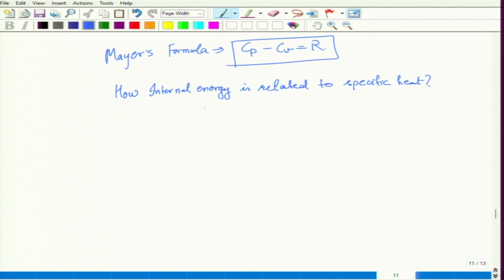So Cv is nothing but dU for 1 mole, that is for molar, because with Cv we are discussing molar quantities. This is capital Cv, that is dU divided by dT at constant volume.